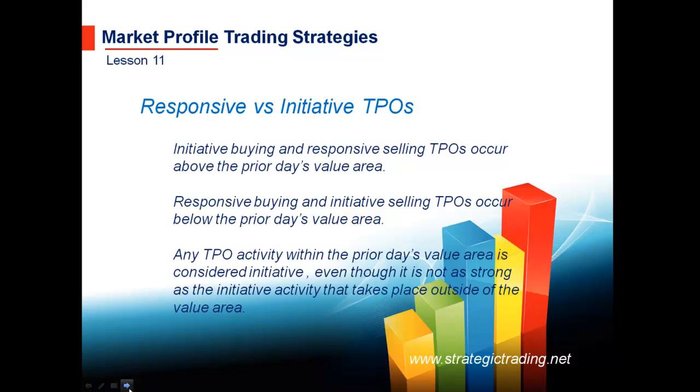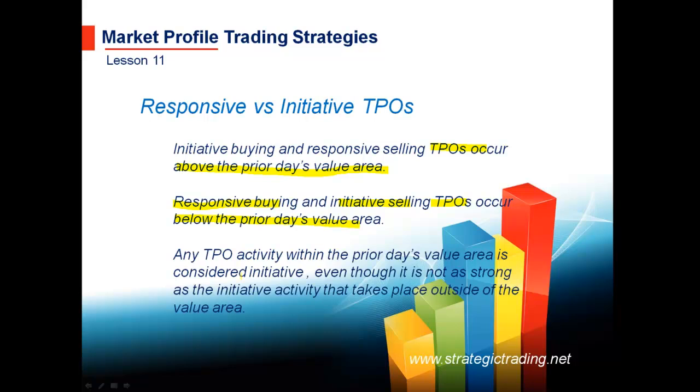Now let's take a look at it in terms of TPOs. Initiative buying and responsive selling TPOs occur above the prior day's value area. This is important to note and understand. And responsive buying and initiative selling TPOs occur below the prior day's value area.